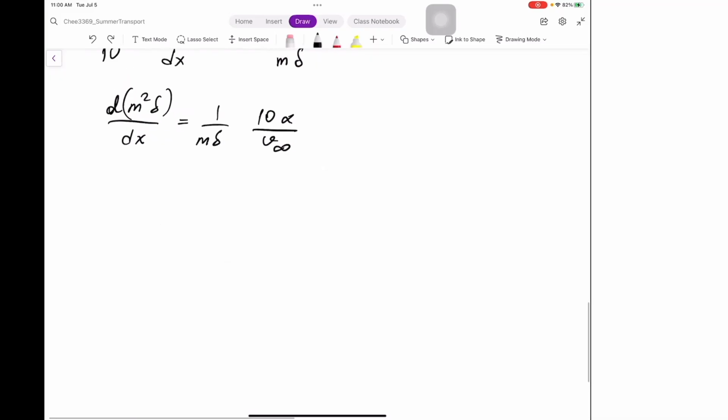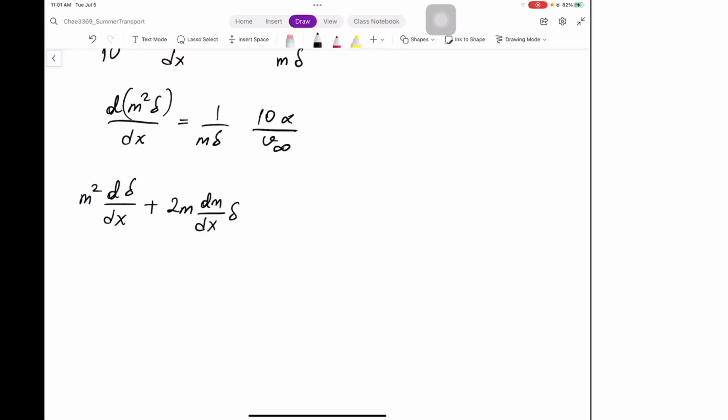We should get m squared d delta over dx plus the derivative of the m squared, 2m dm over dx times delta.